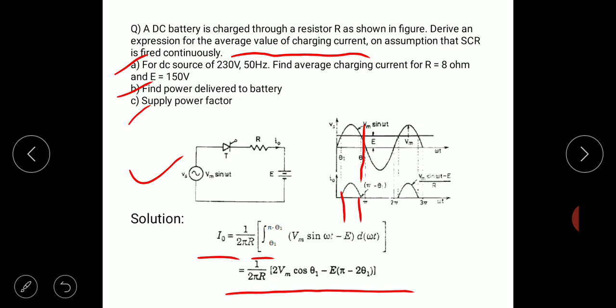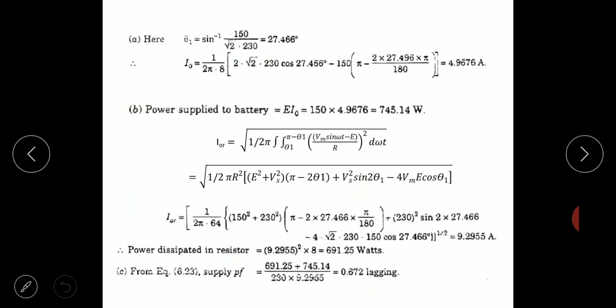So this will become our load current I naught. And we have all the values written in the numerical. By putting the values of theta 1 and Vm etc., you can determine the first part of the question, that is average charging current. We have determined the theta 1 angle.